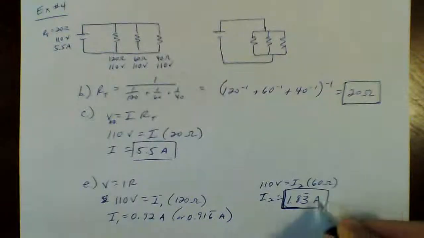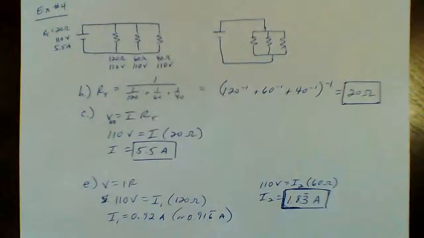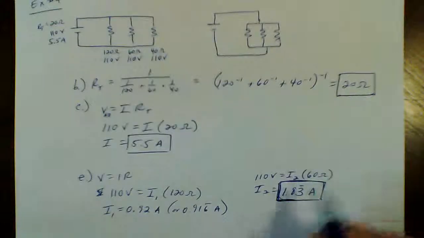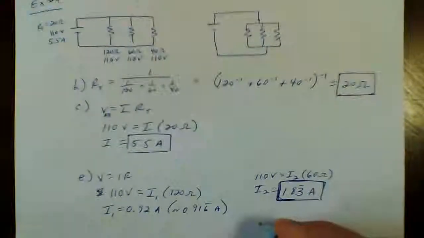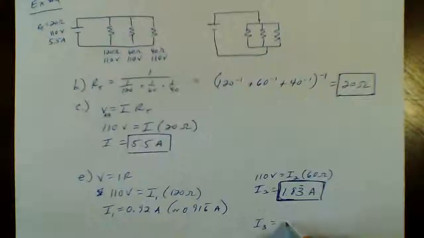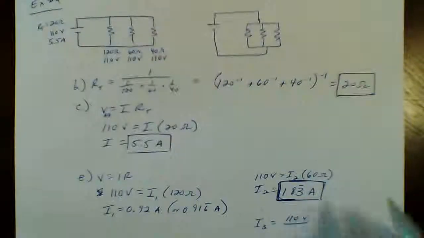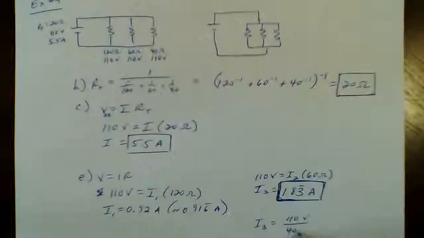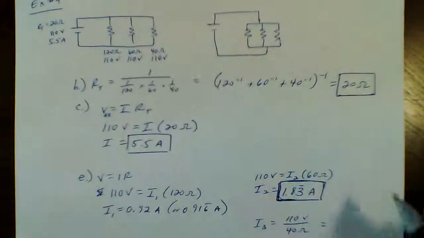Make sure that does not get confused with an extra 1. The last one here is current 3, so we're going to say I3 equals 110 volts divided by 40 ohms. And that gives us 2.75.